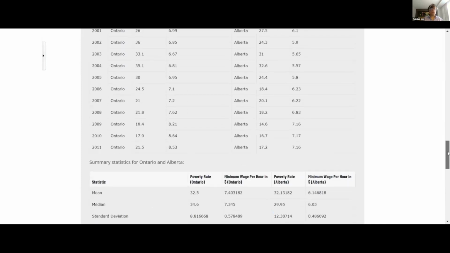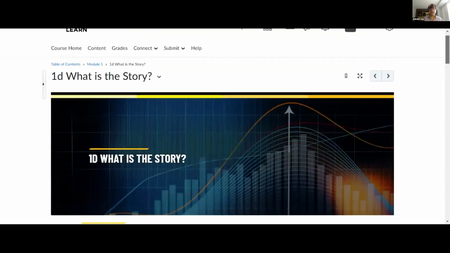Okay, so I will stop sharing my screen for a minute. And so the idea now is, what are the next steps? The next step should be that we're looking at the effects of the minimum wage on poverty.